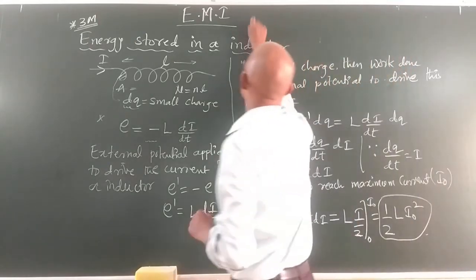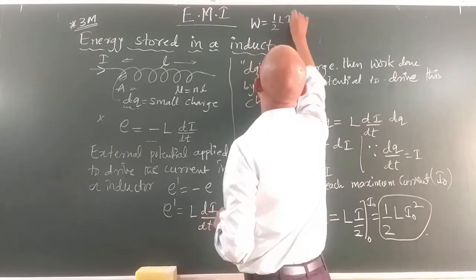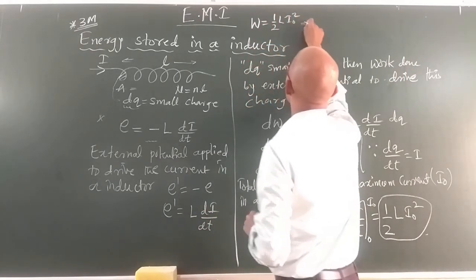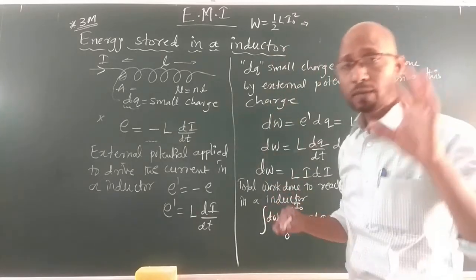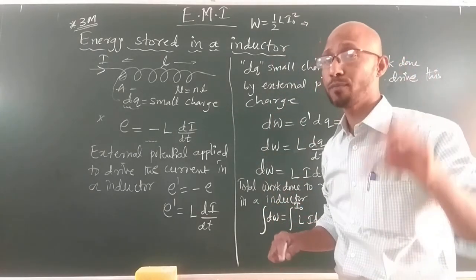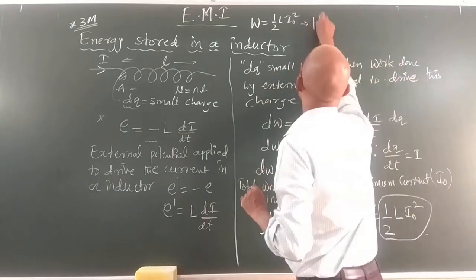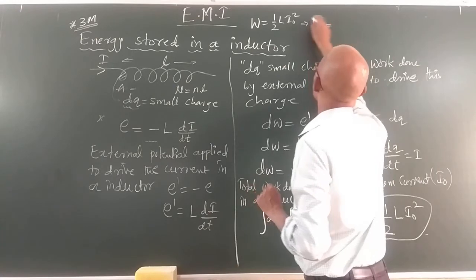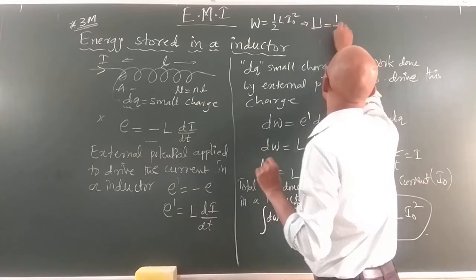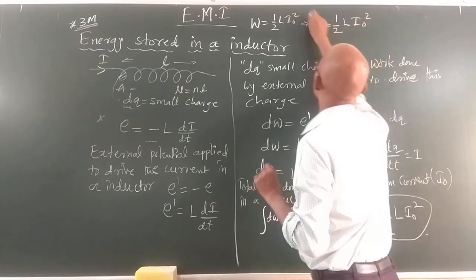The total work done is actually 1 by 2 L I naught square. This total work energy will be stored in an inductor in the form of magnetic potential energy. That's why we indicated the energy stored in an inductor is half L I naught square.